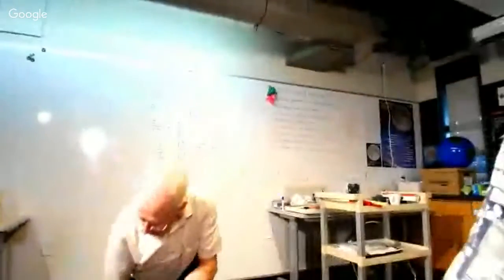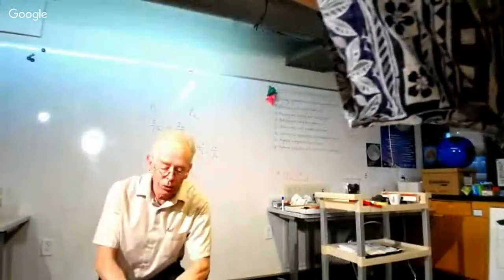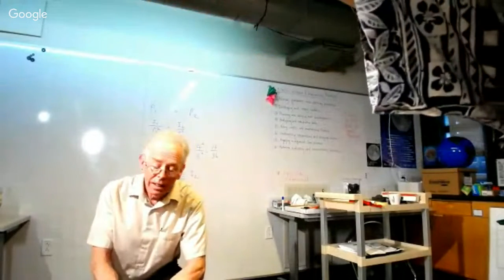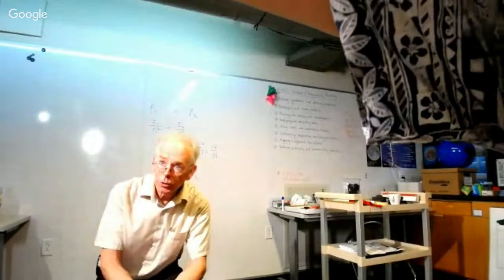So now room light's back on. This is one of the write-ups that we had you do. It's called the two-slit interference model, and we don't have a video for this one.